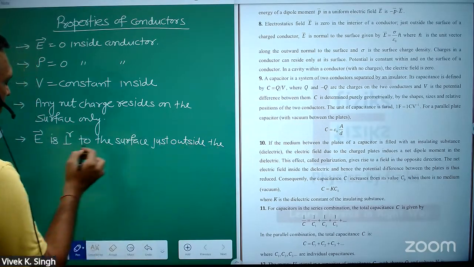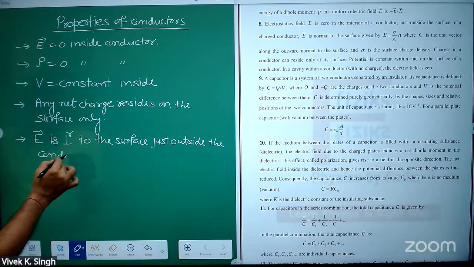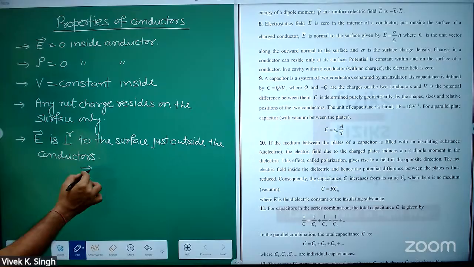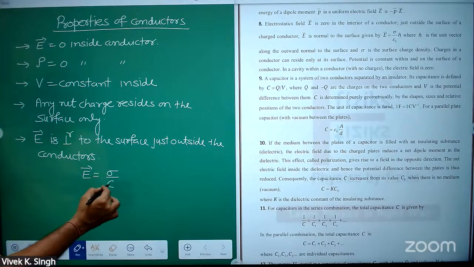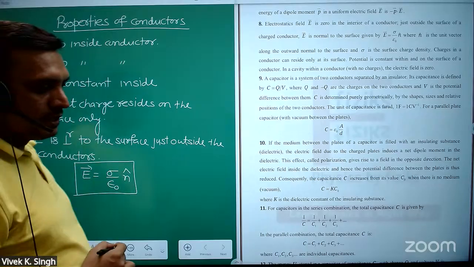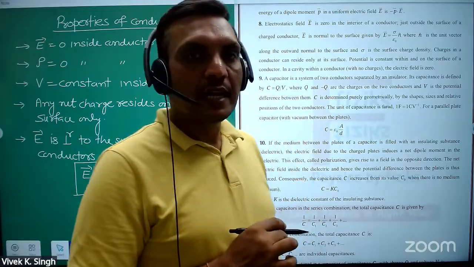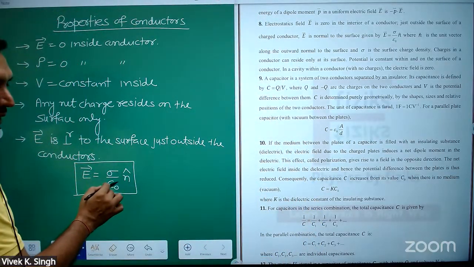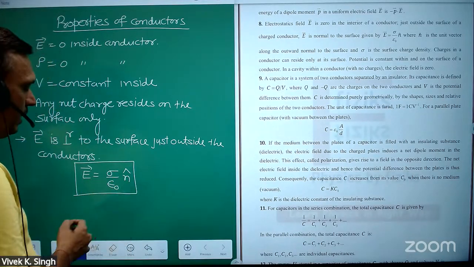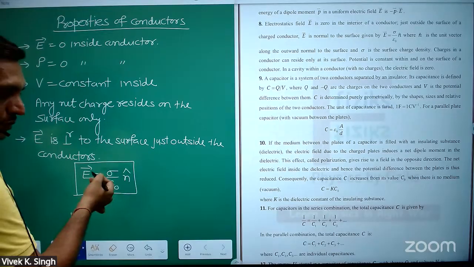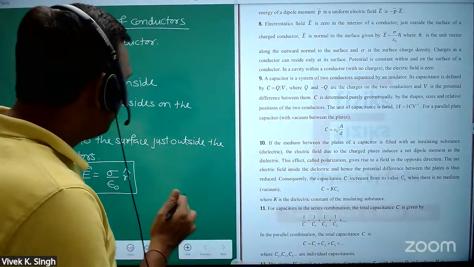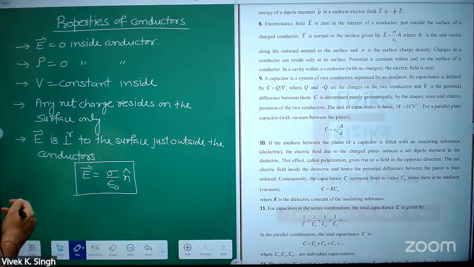This electric field is given by sigma by epsilon naught n cap, where sigma is the surface charge density. So if you know the surface charge density on the surface of the conductor, you know the electric field. If the surface charge is positive, the field will be outward. If the charge density is negative, the direction will be towards the surface. So this is the electric field due to a conductor. Clear?